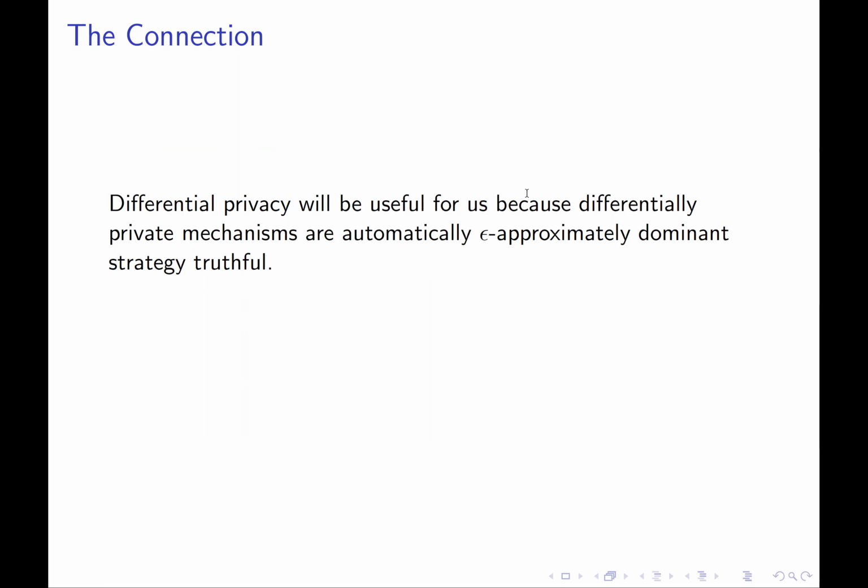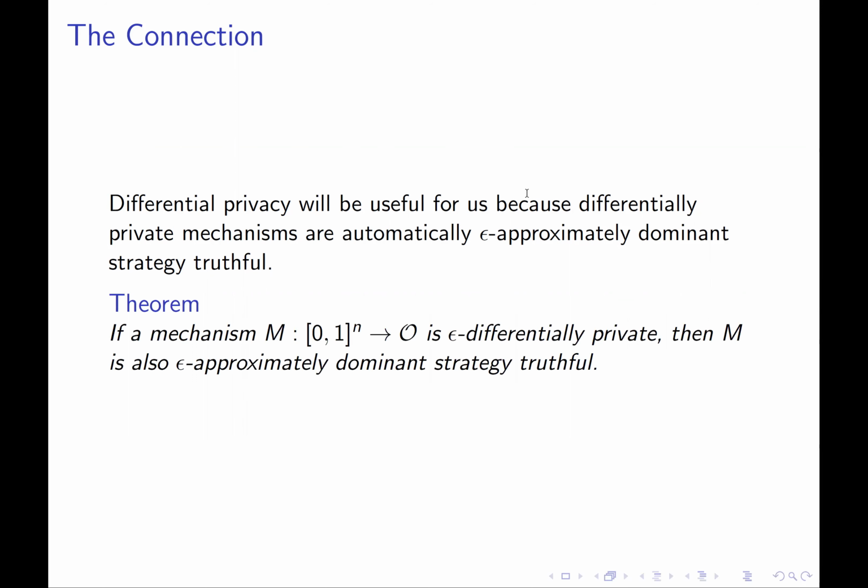Once we establish this connection that differential privacy implies approximate truthfulness, thinking about how to maximize revenue subject to the constraint of approximate truthfulness will turn into the purely algorithmic problem of thinking of how to design differentially private algorithms that are good at maximizing revenue. And so this is the theorem. No matter what the mechanism is, if it's epsilon differentially private, then it's also epsilon approximately dominant strategy truthful. Okay. And so let's prove it.